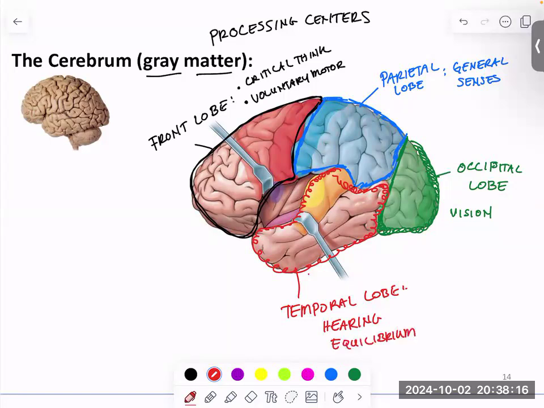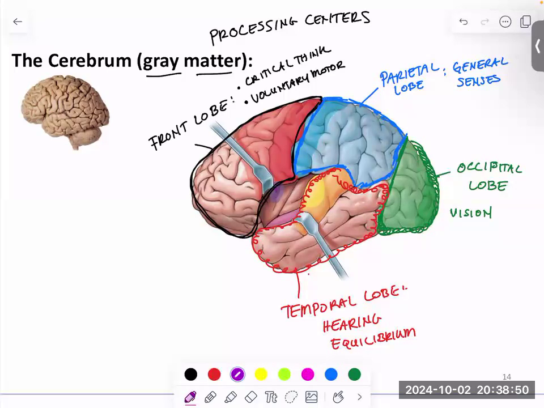That's the part that's allowing you to hear, to interpret sound. Equilibrium. If you get motion sickness, car sickness, you have that to blame. It's how you perceive the world and whether you're oriented in the correct position. Okay. Temporal lobe.